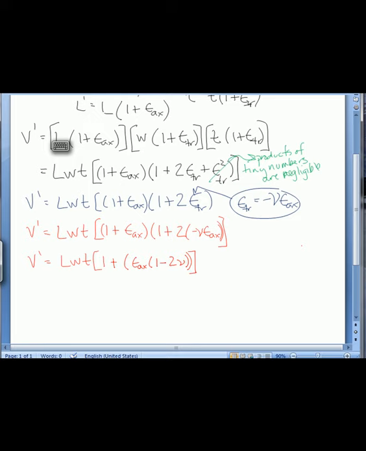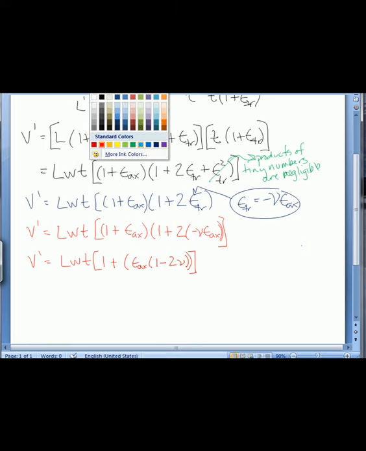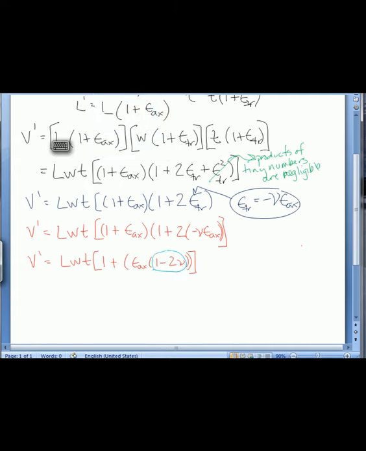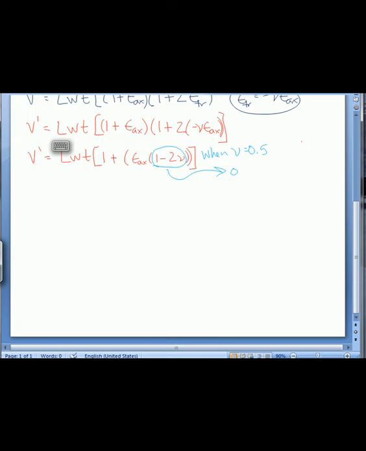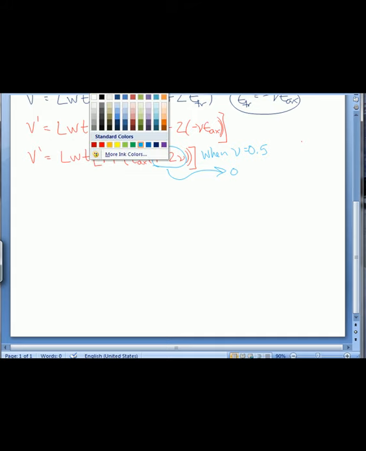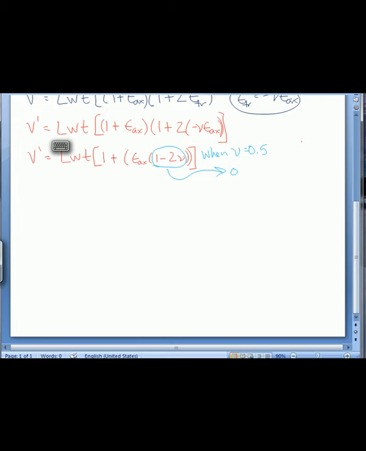Now, when we look at this term right here, when Poisson's ratio equals 0.5, we have 1 minus 2 times a half, and that term goes to 0. That eliminates the axial strain, and you have simply length times width times thickness times 1.